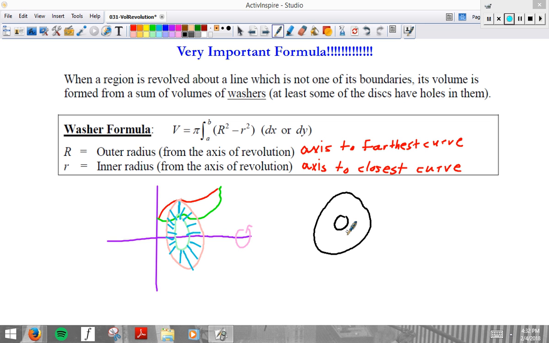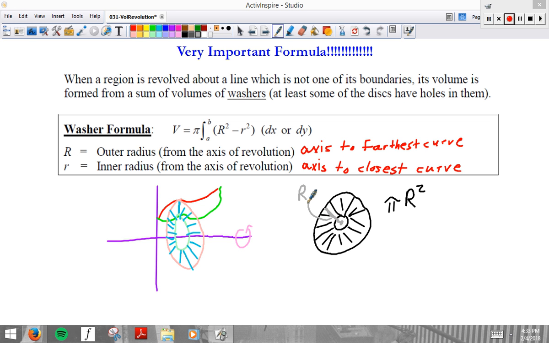When we have two circles like this, and I only want this outer circle, I only want the inner tube area, it would be pi times the big radius squared. So there's a center, they're concentric. They have the same center.